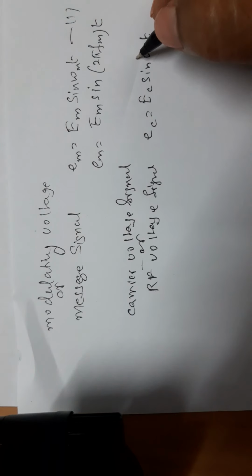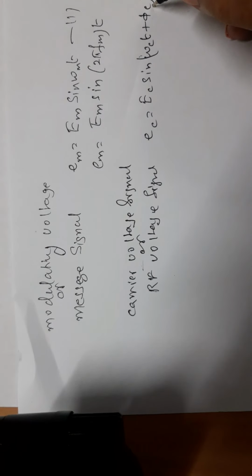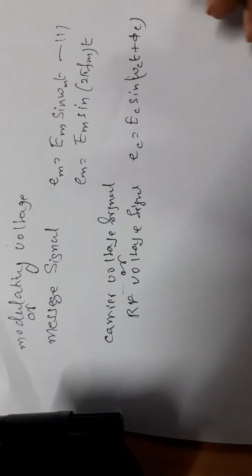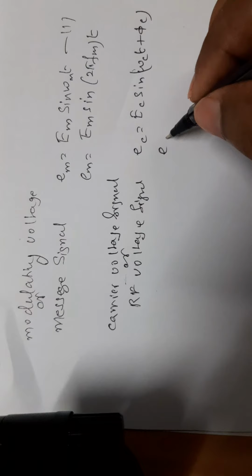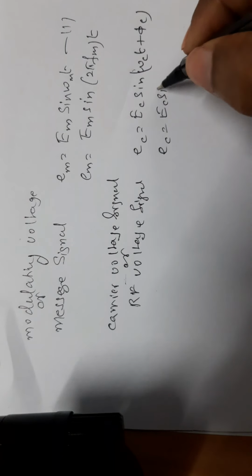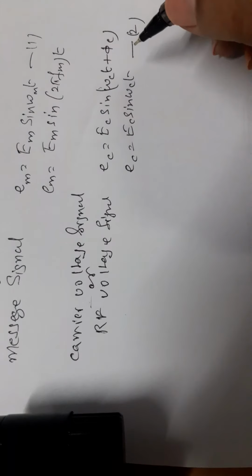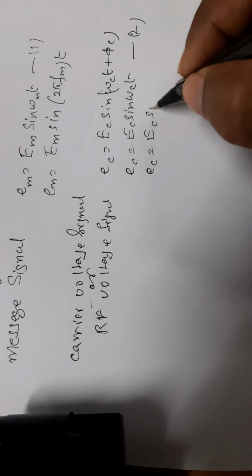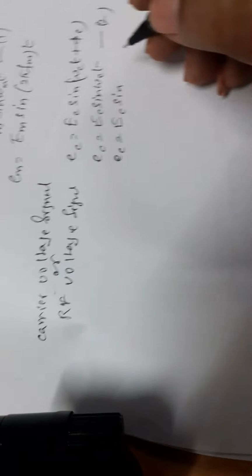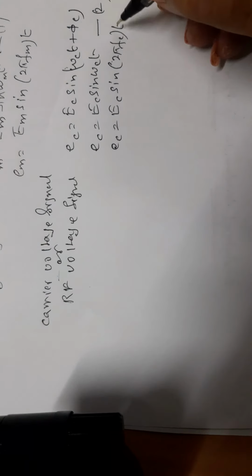Actually, this is omega ct plus phi c, but phi c is taken as 0. We have taken the wave starting from the origin, carrier phase angle phi equal to 0. Therefore, simply Ec equals Ec sine of omega ct. Call this equation 2. This can also be written as Ec equals capital Ec into sine of 2 pi Fc into t, because omega is 2 pi F.